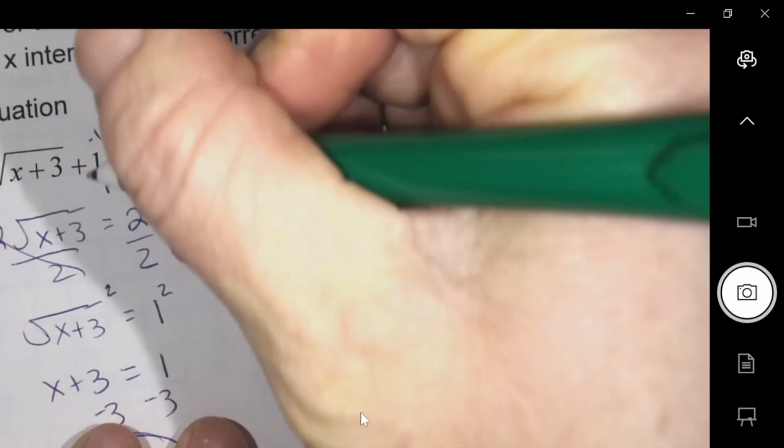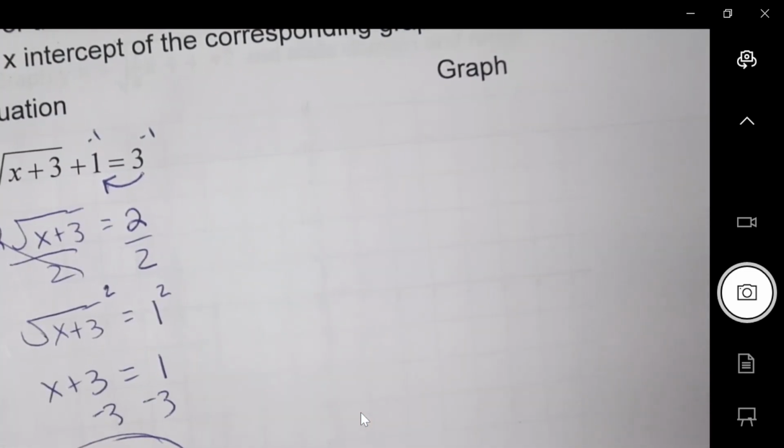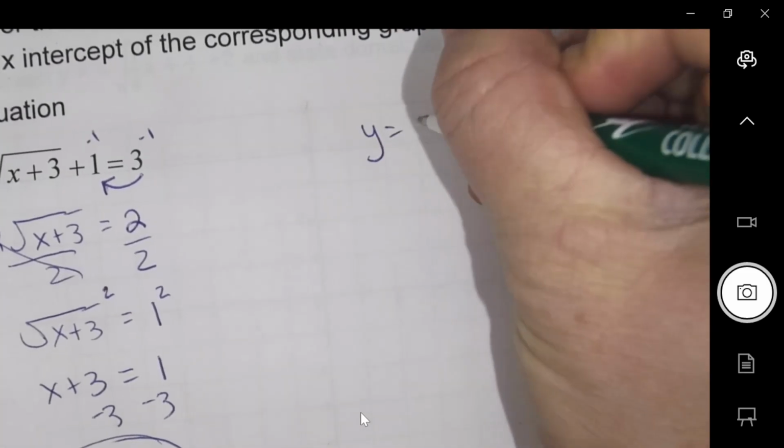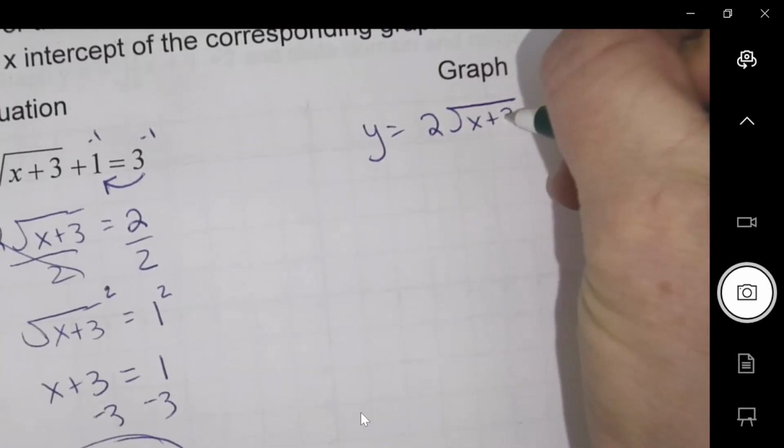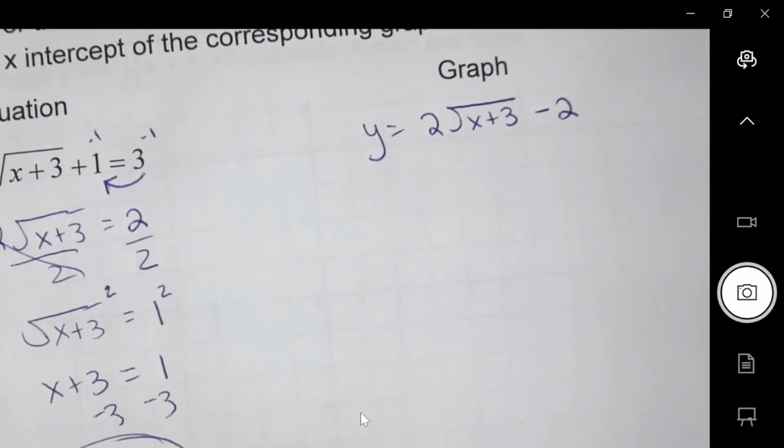So when I graph, I have to get everything to one side. Okay, so when you graph, you need a y equals equation. So that means every single thing has to be on the same side. So I'm moving the 3 over.